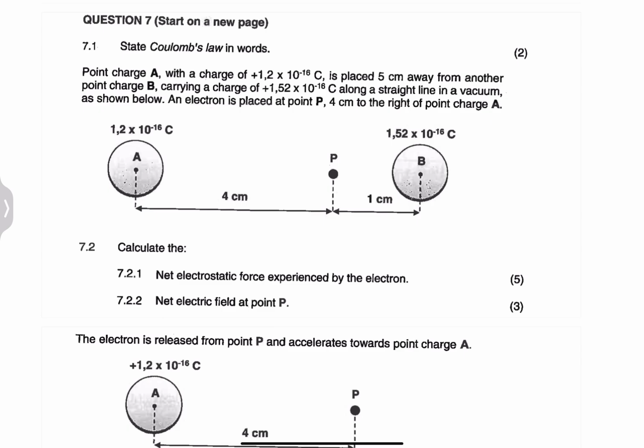So essentially what we see there along a straight line in a vacuum as shown below. Now they say an electron is placed at P, that is 4 centimeters to the right of point charge A. Now let's have a look at the questions. They say calculate the net electrostatic force experienced by the electron.